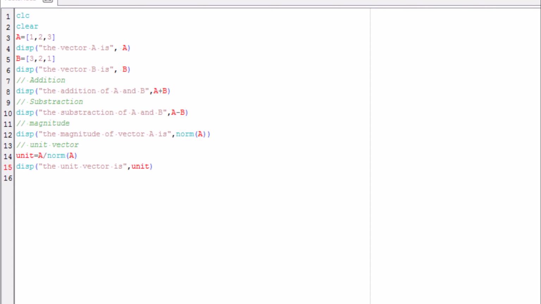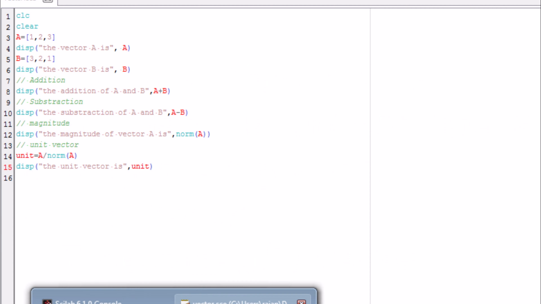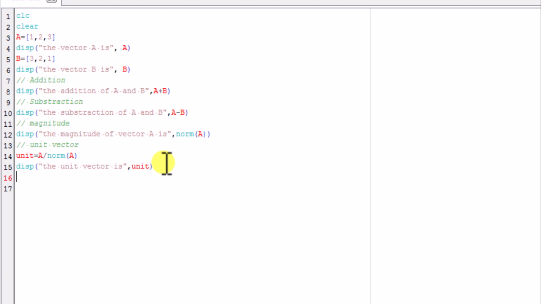Now the next topic is transpose of a vector. So how can we calculate the transpose of a vector? We have given the heading, double quotes, the transpose of vector A is, so simply A then prime.